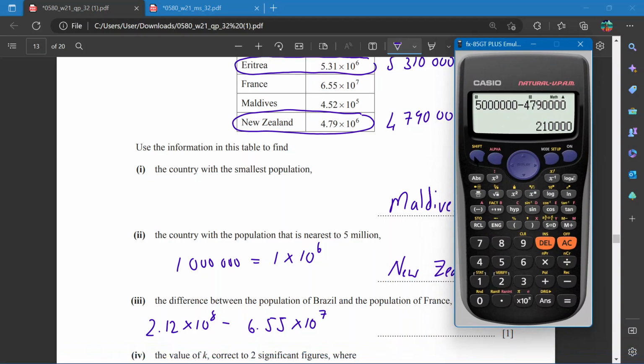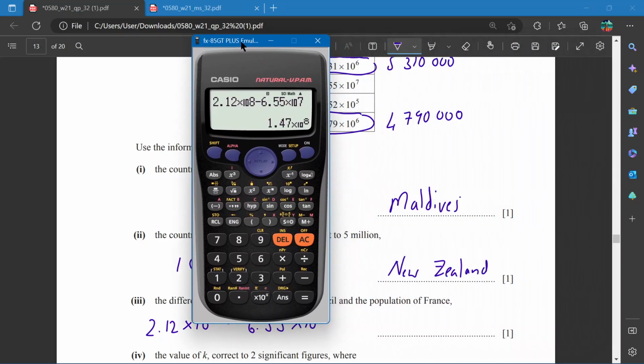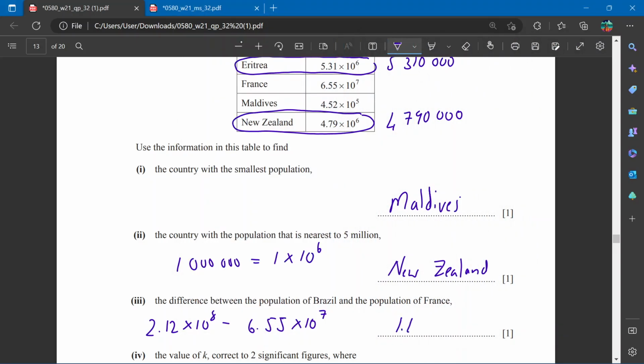Okay, let's switch it back to scientific notation. 3 significant figures. Clear that. Put 1.12 to the power of 8 minus 6.55 to the power of 7. And there we go. 1.47 times 10 to the power of 8.